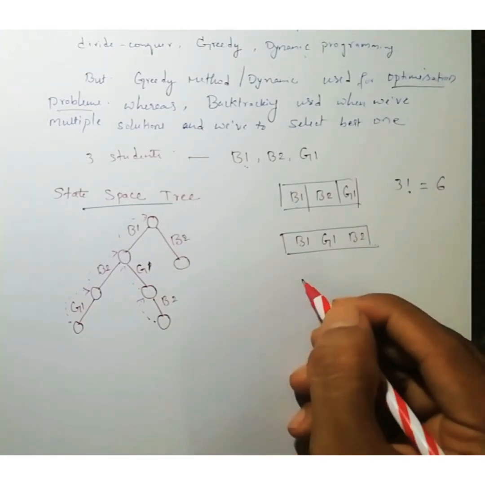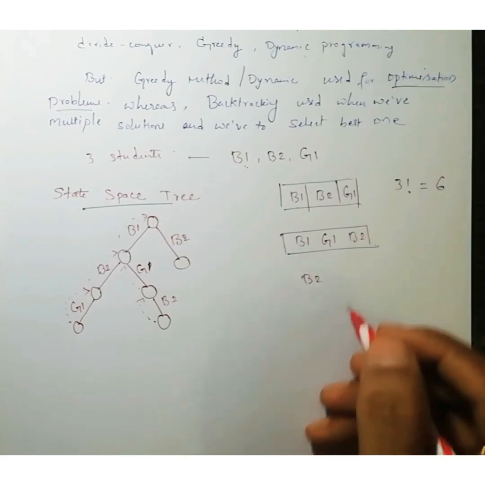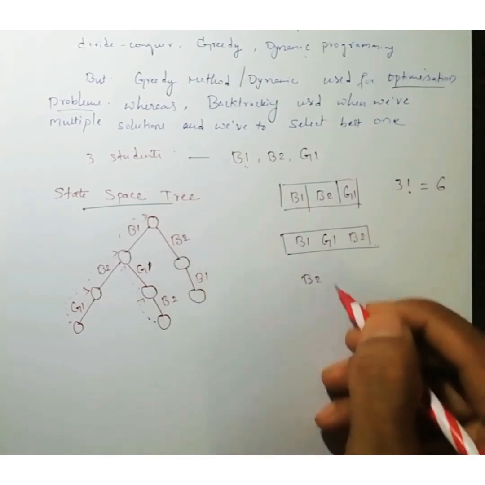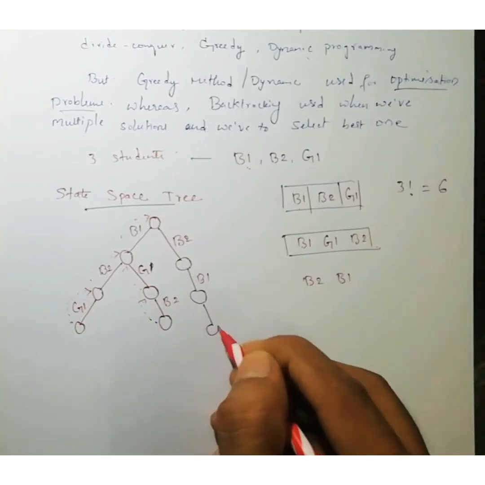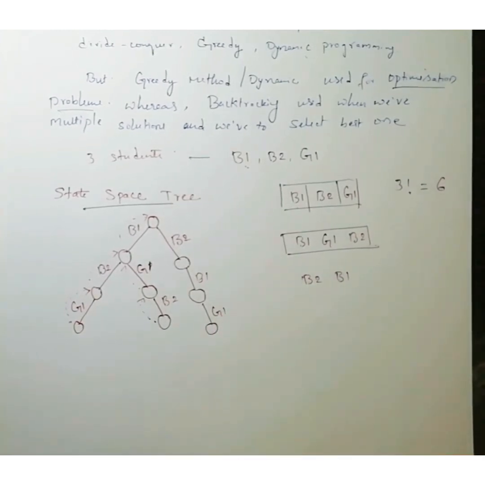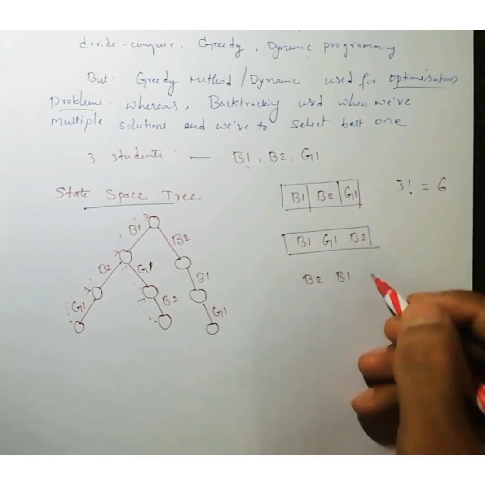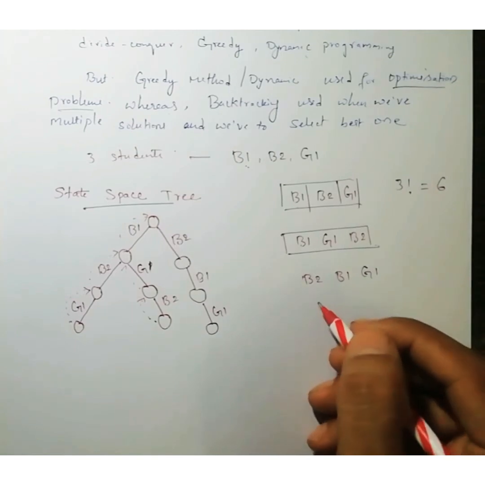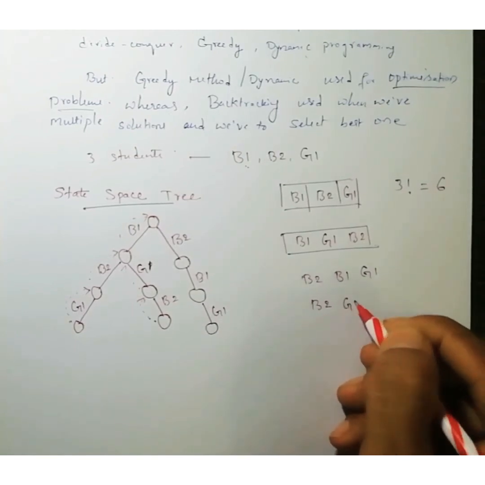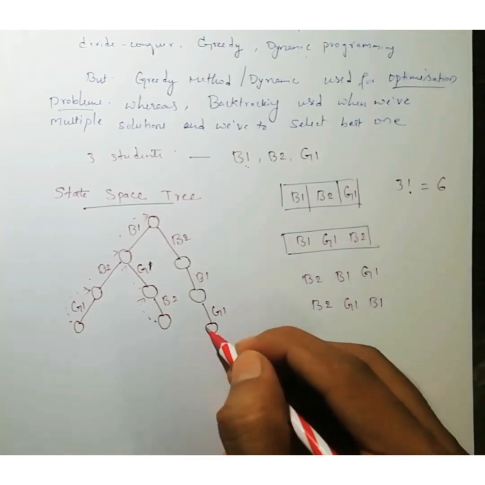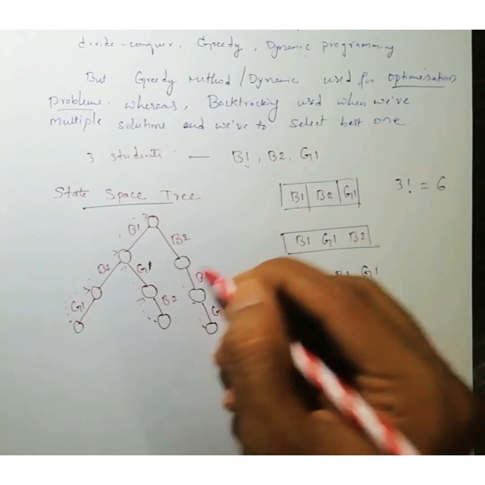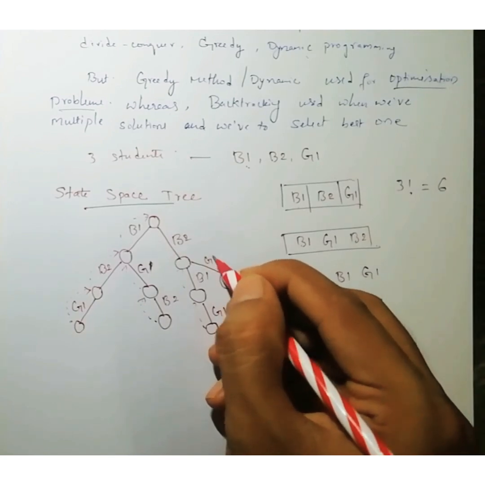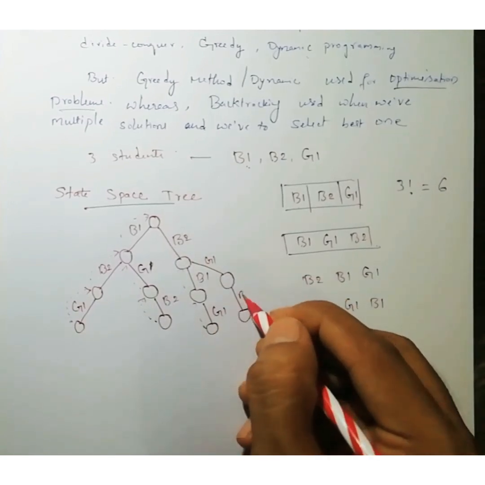Next B1 can sit, and next G1, the girl, can sit. So this is the third possibility. What is the fourth possibility? B2, G1, B1. From here backtrack and move here, so here it is G1 and B1.